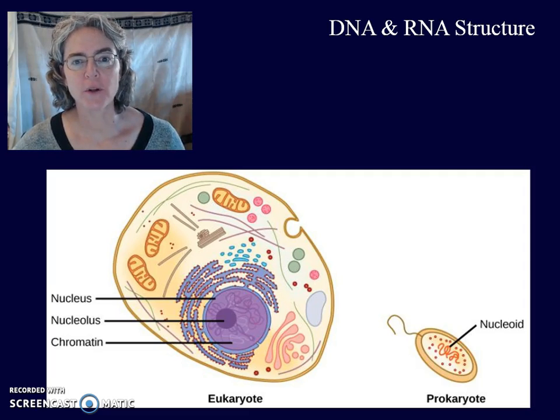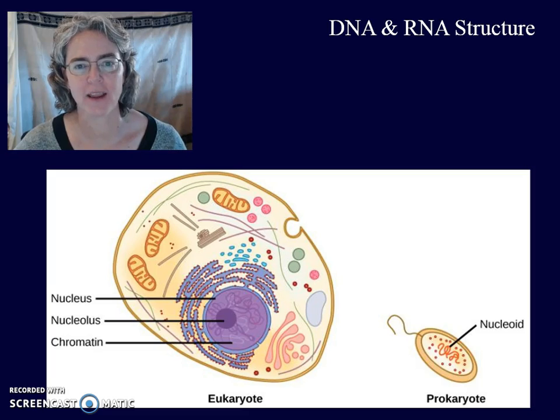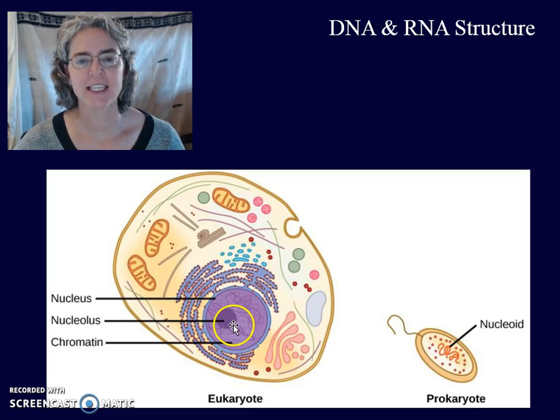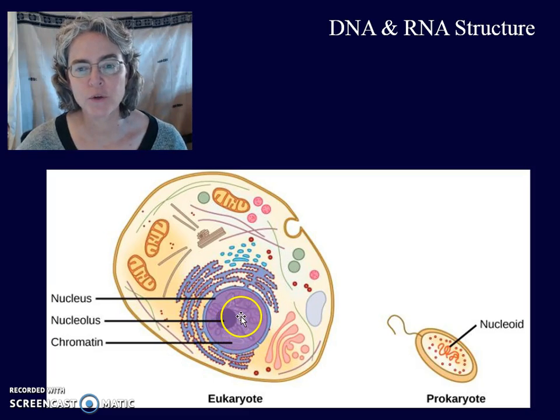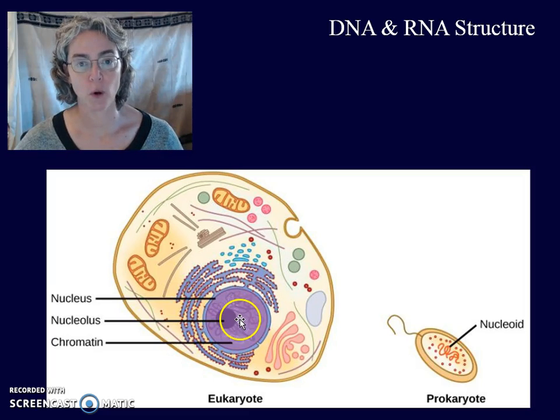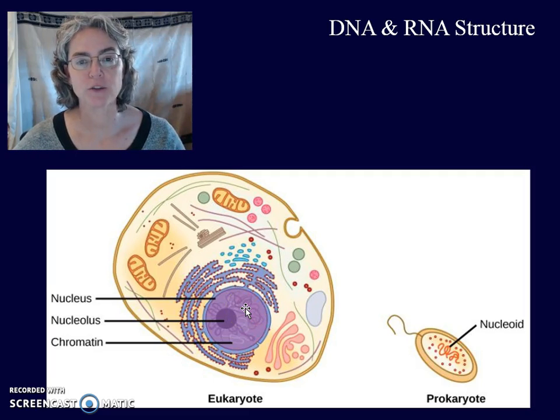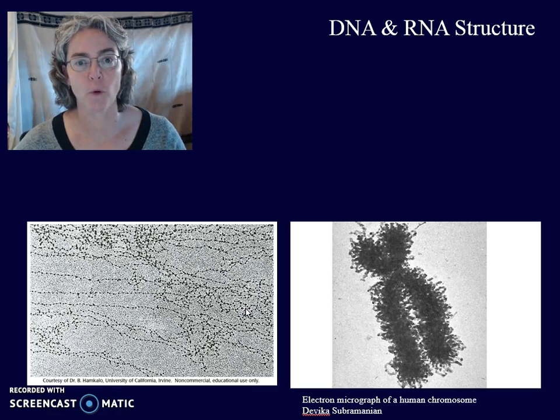Okay, so we're looking at the structure of DNA and RNA. So inside of the cell and inside the nucleus, the DNA can take two forms, chromatin form and chromosome form. So let's take a look at some electron micrographs of each different form.